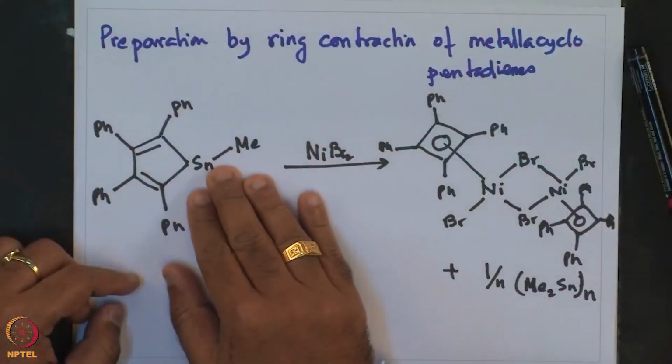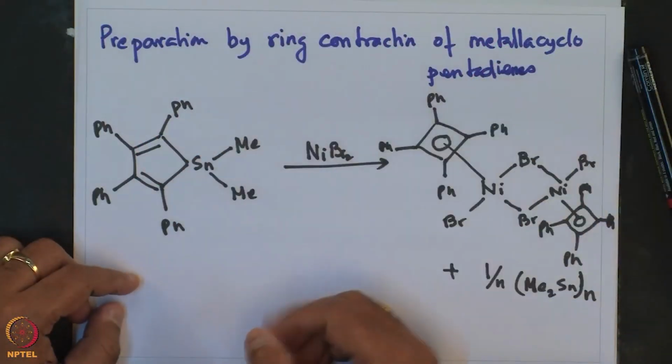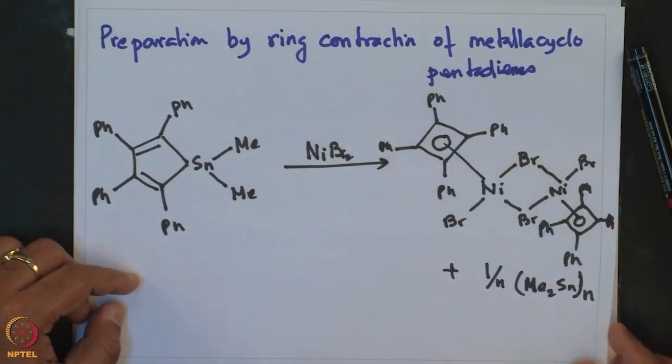And this particular example is one such very elegant example where ring contraction of metallocyclopentadiene having a tin has been performed to get to the cyclobutadiene ring.